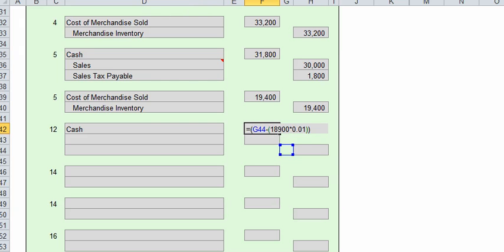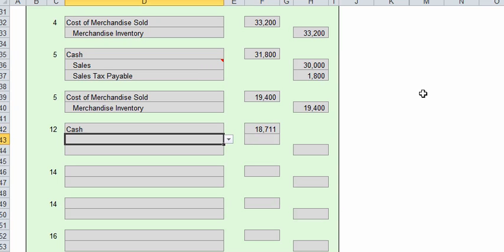How about an undo? Okay, we're going to take the sales price, $18,900, and then we're going to subtract from that the discount, which is $18,900 times 0.01. That gets us the amount of cash received.